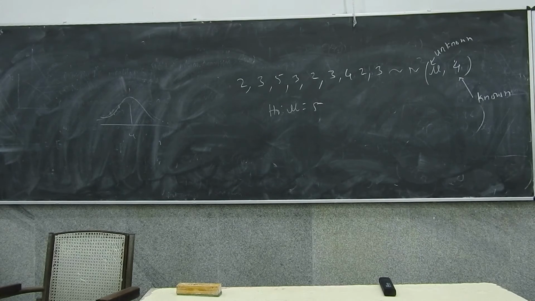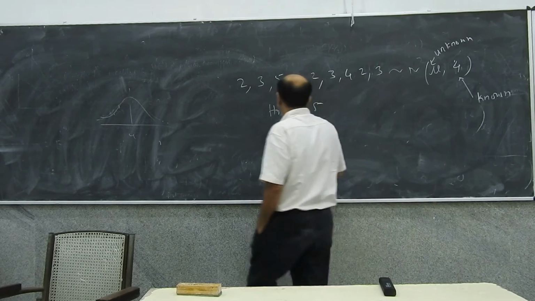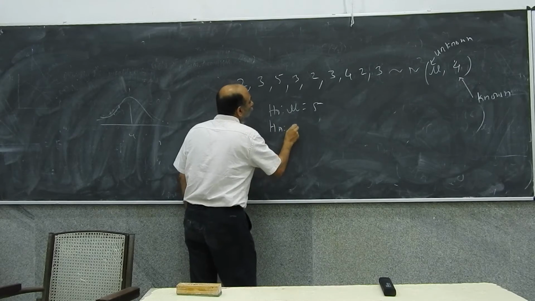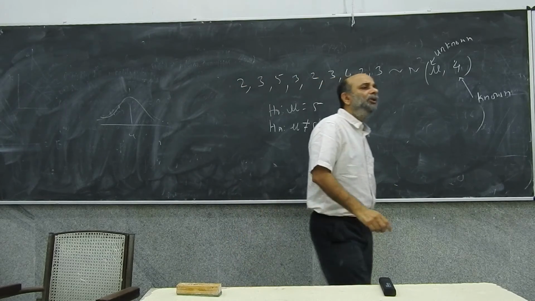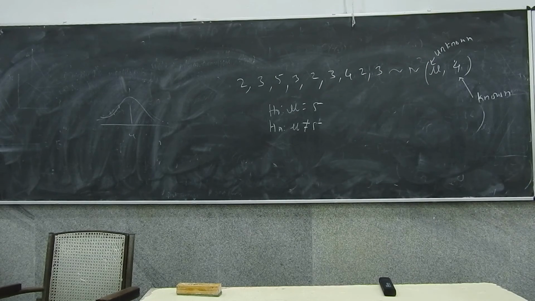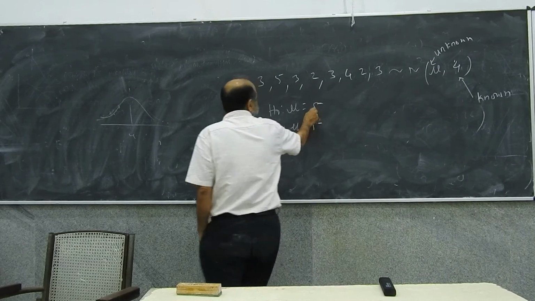So mu equals 5. Alternative, mu is not equal to 5.